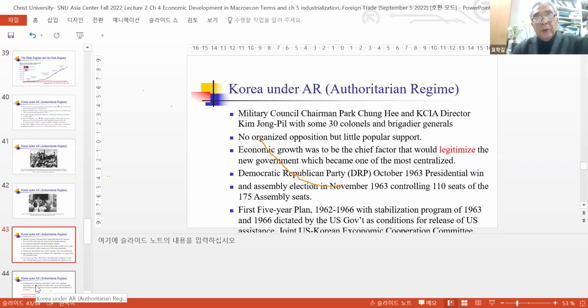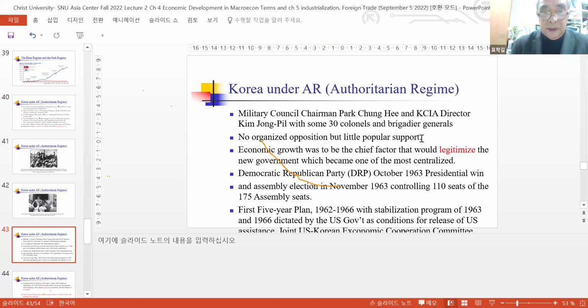Korea under authoritarian regime, military council chairman Park Chung-hee and KCIA director Kim Jong-pil with some 30 colonels and brigadier generals. Economic growth, no organized opposition, but very little popular support. This needs a little bit of explanation.